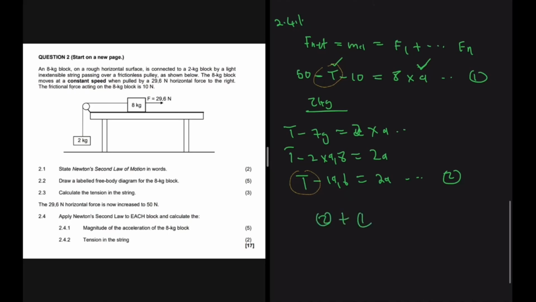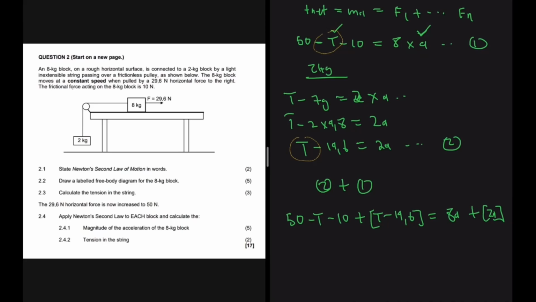So equation 2 plus equation 1 will give you, I'm adding 2 to 1, so I'm going to have 50 minus t minus 10 plus t minus 19.6, and then that's it, equals 8a plus 2a.